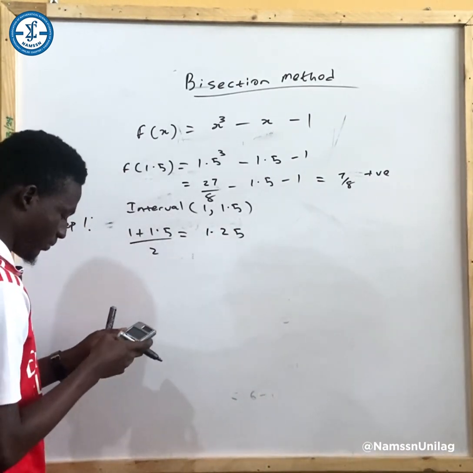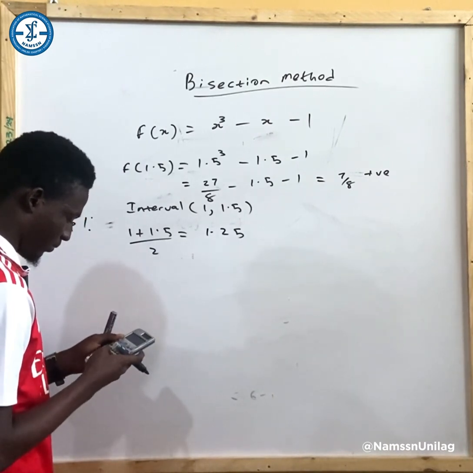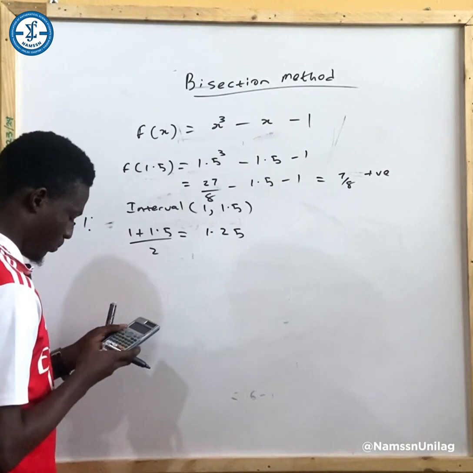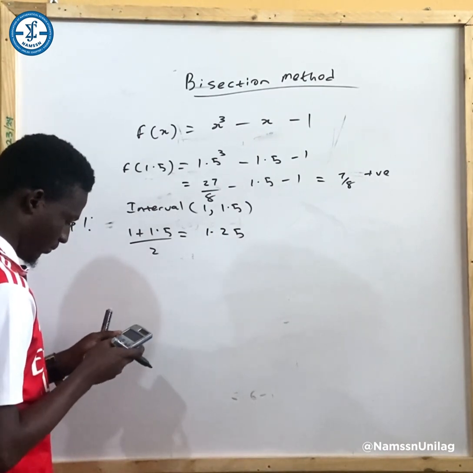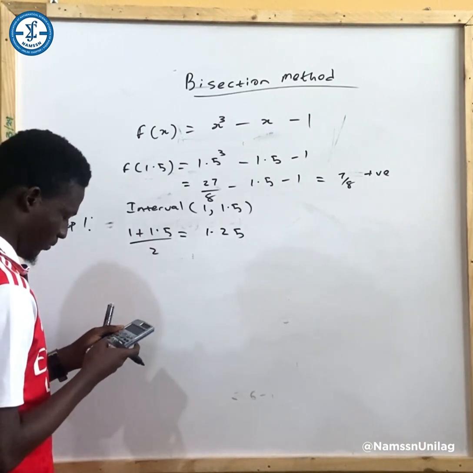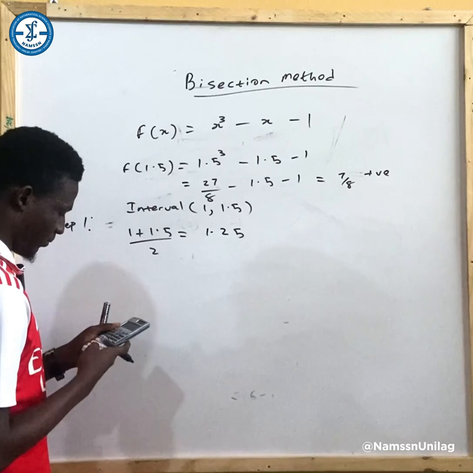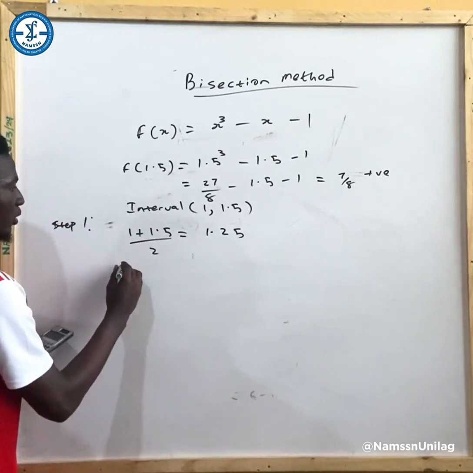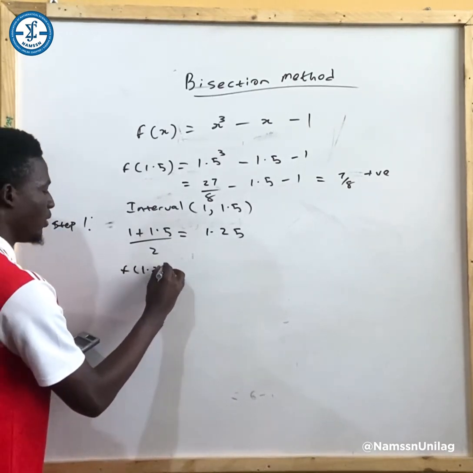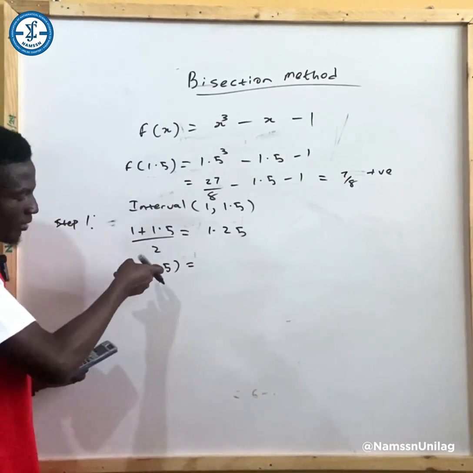So f of 1.25. Now in the bisection method, we don't really care about the answer to f of 1.25.